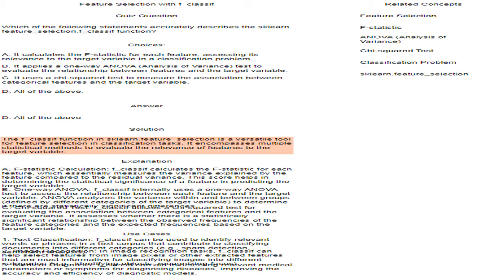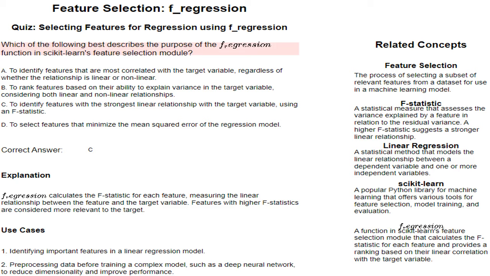Feature selection. Which of the following best describes the purpose of the regression function in scikit-learn's feature selection module? A. To identify features that are most correlated with the target variable, regardless of whether the relationship is linear or nonlinear.